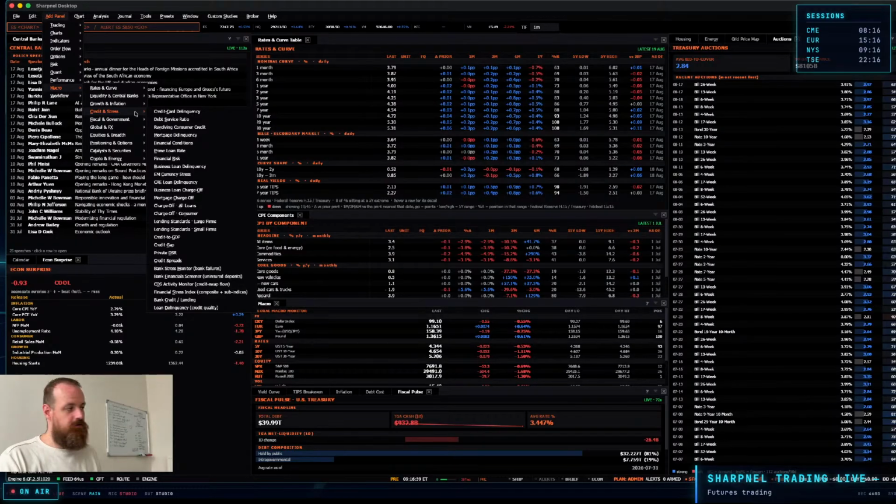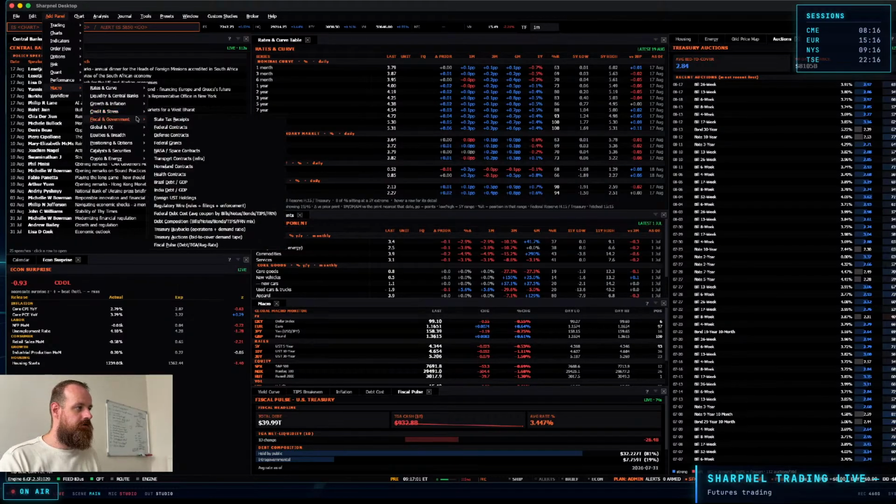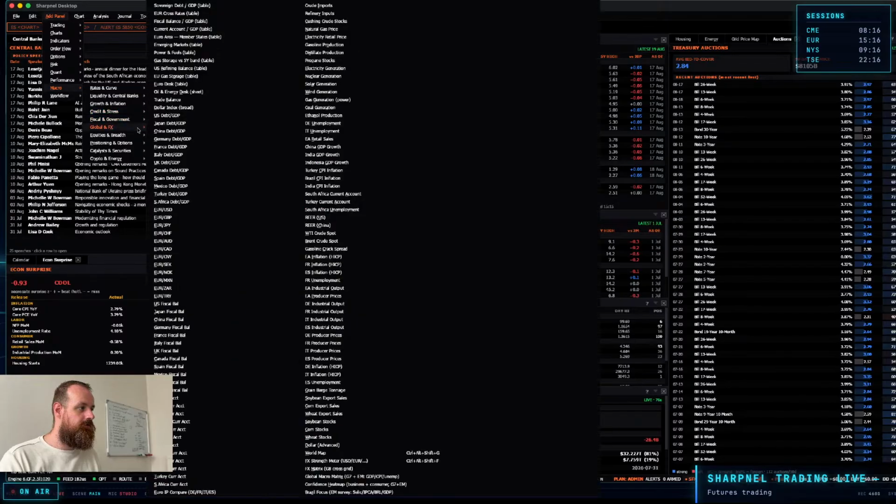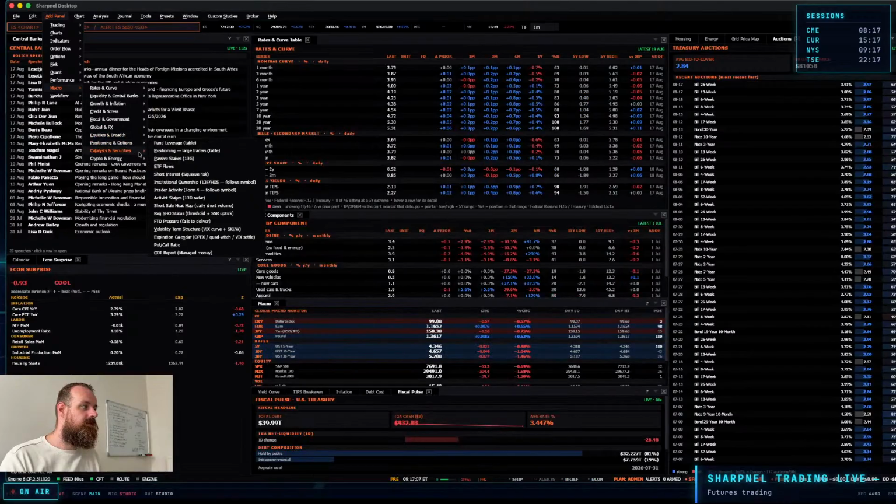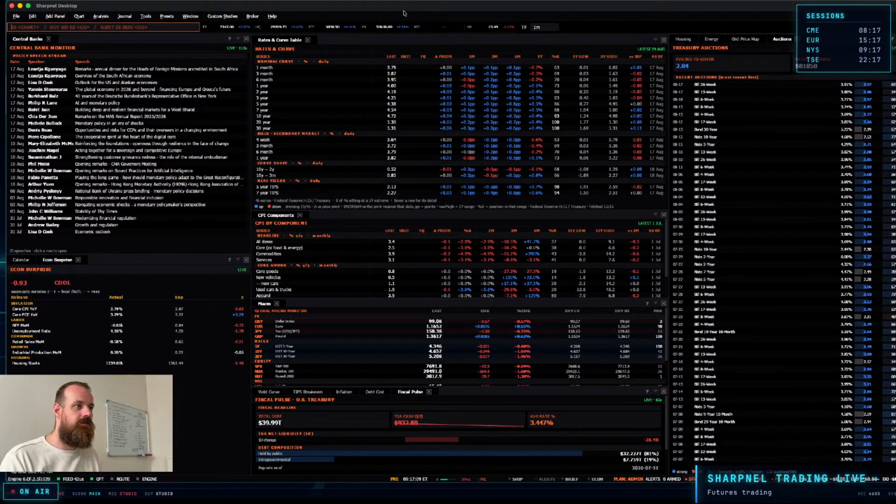Currently, I am just looking at a couple of macro panels that are interesting to talk about, and of course also the correlation. But we have a lot of options, and I might add a search panel like we have over here. So this is only for symbols, but it would be nice to also have it open panels.